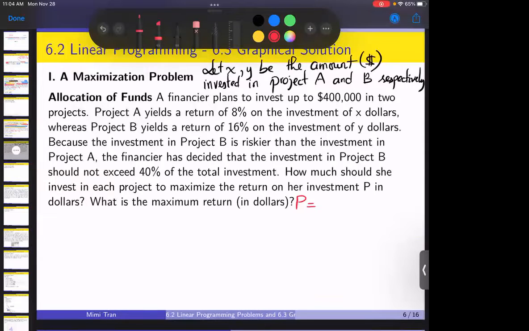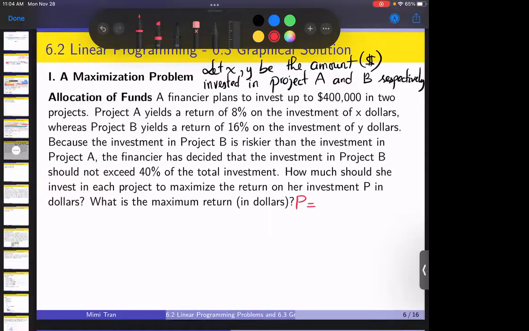Just read sentence by sentence and ask, does it make sense for me to set it up as a profit or not? Let's do the first one. Is the first one a profit function? What do you think? No, right? So what about the second one? Does it sound like a profit function? Is it a function that helps you make money? Yes, right. Return yield.